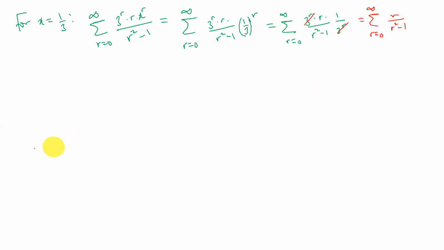It's not alternating, so we can use any of the tests. We can use the p-series test, for example. If you let b n be 1 over n, we always do this, because the n over n squared becomes 1 over n. And this is divergent.